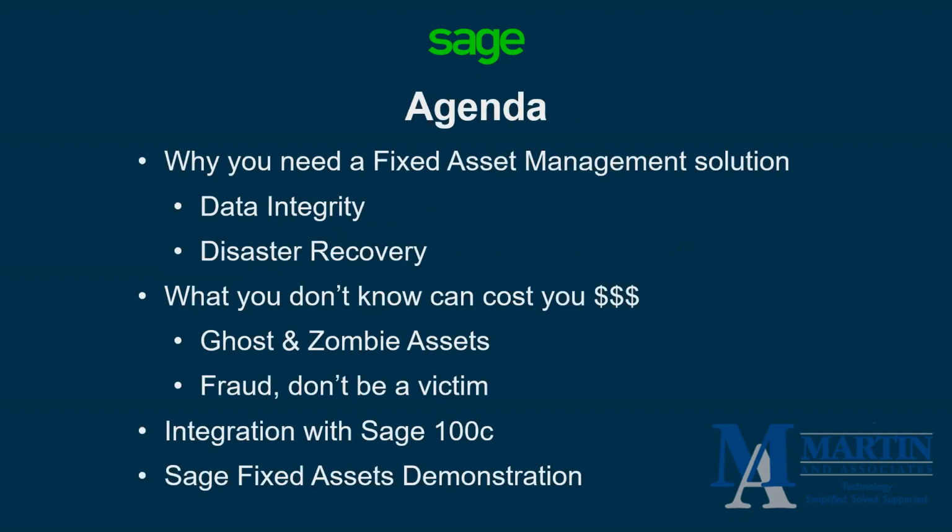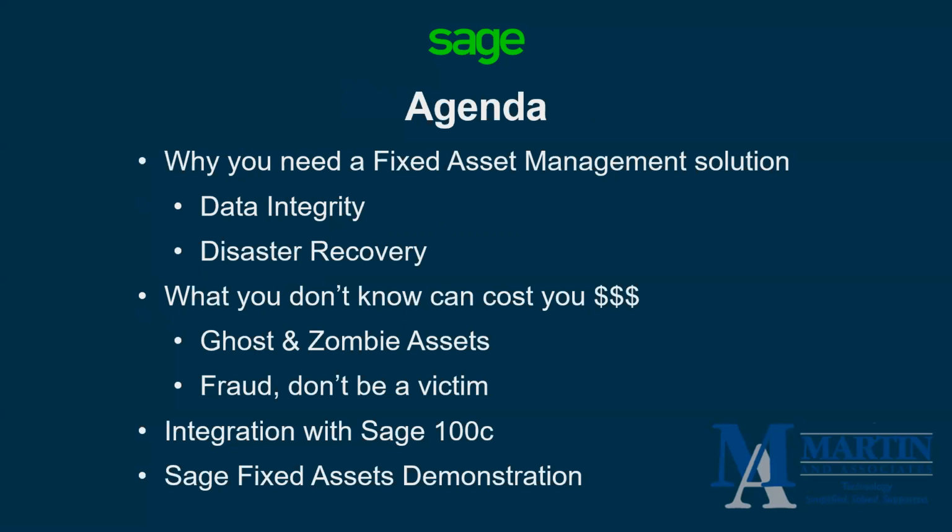Thanks, Rick. All right. Good afternoon, everyone. My name is Wayne Austin. I'm a sales engineer at Sage Software on the Sage Fixed Asset Solution. So today, what we're going to be covering is why you need to manage your fixed assets, why you need an actual solution to ensure you're managing your fixed assets correctly through their life cycle. We'll talk a bit about data integrity, business continuity, or disaster recovery.